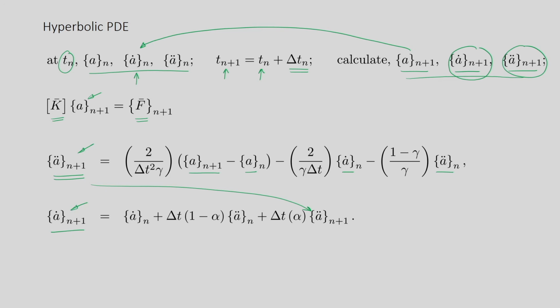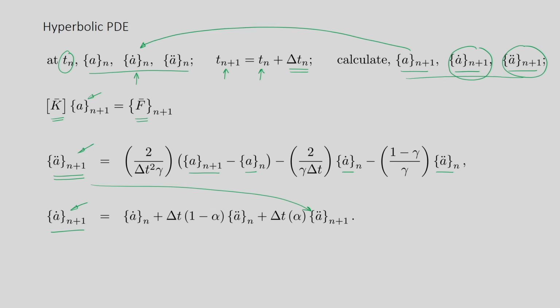That is how I will obtain all the terms corresponding to time Tn plus 1, and once I do that, I will go ahead and take the next step, and similarly I can complete all the time steps.